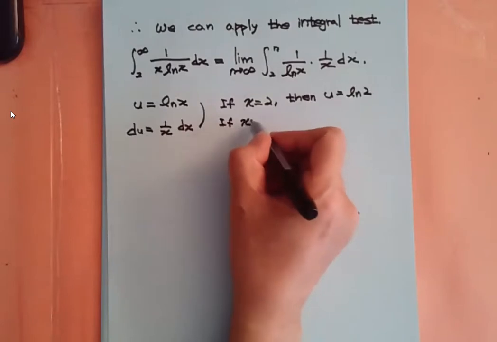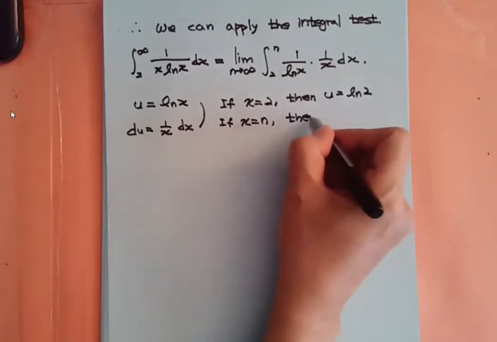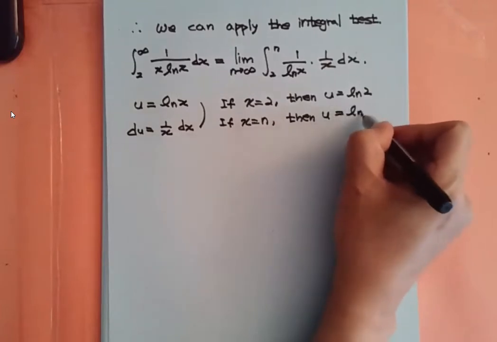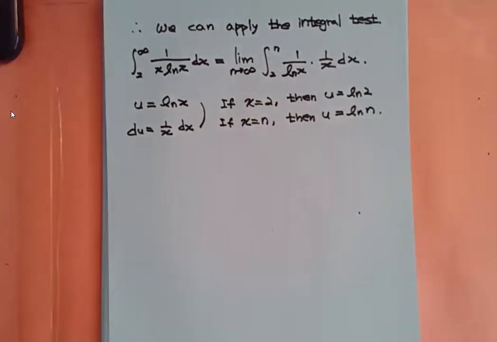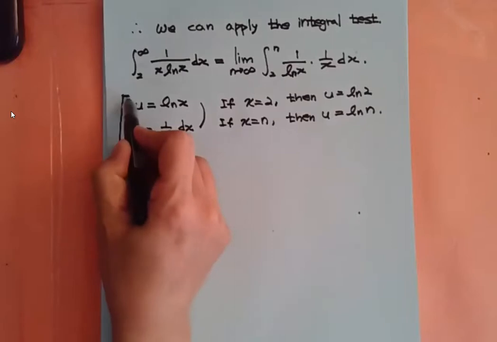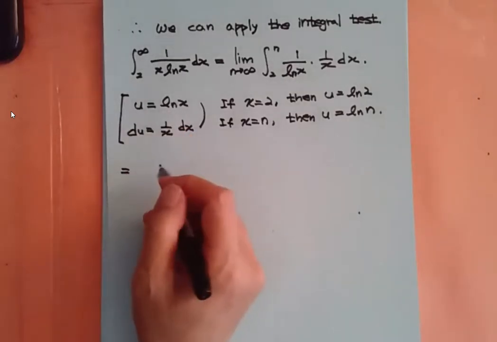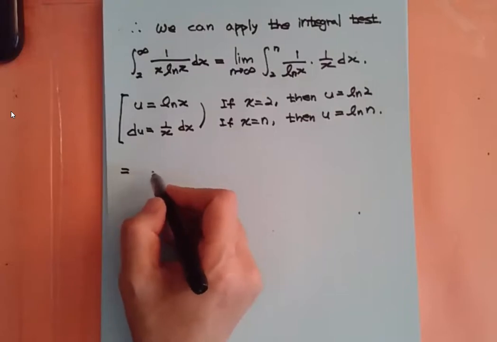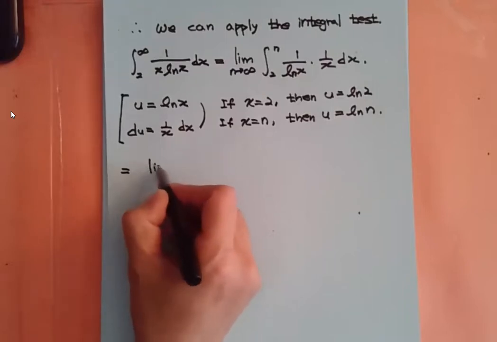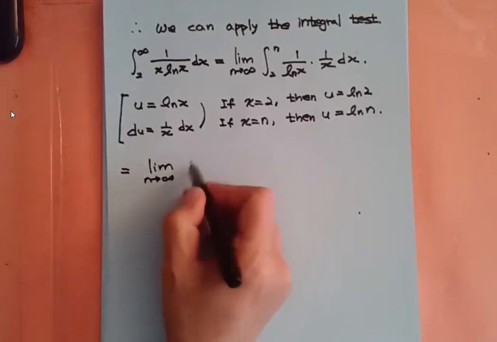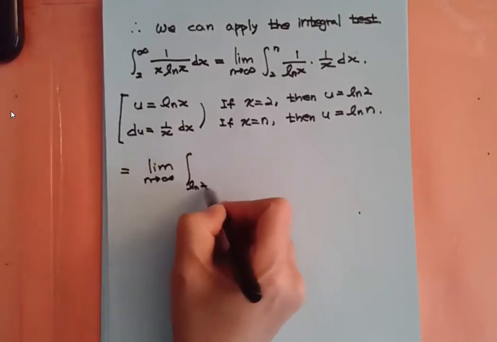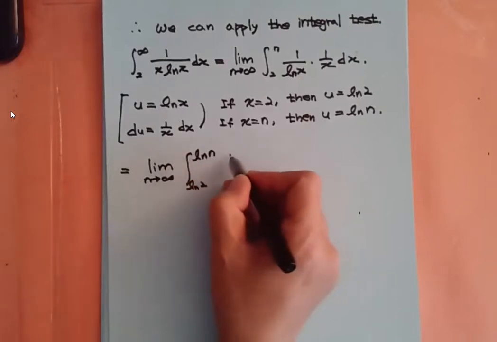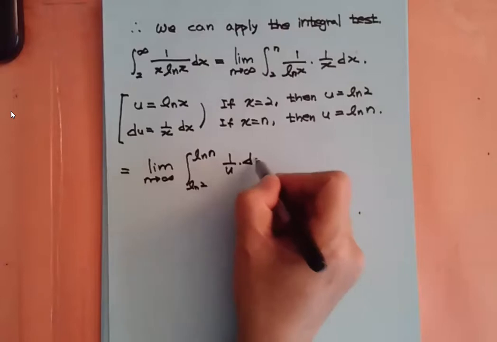And if x equals n, then u equals natural log of n. So we can rewrite that as the limit as n goes to infinity of the integral from natural log of 2 to natural log of n of 1 over u du, right?